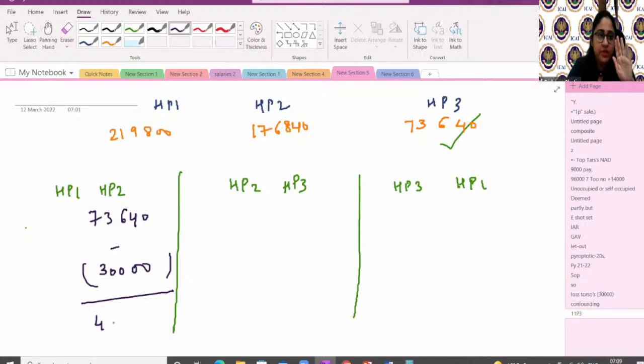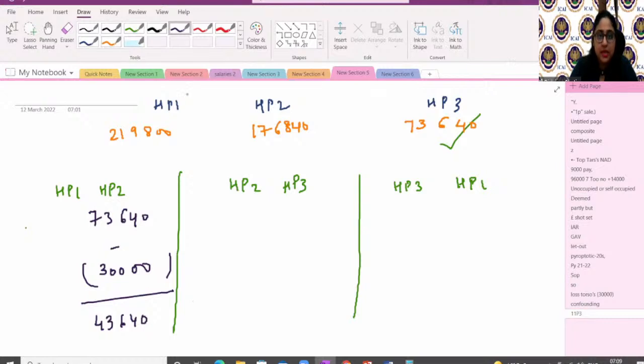Just the difference between a let out property and a deemed let out property is that when you're talking about deemed let out property, we do not have actual rent to calculate gross annual value. Our expected rent is our gross annual value. But when we talk about actual let out property, we have the comparison to make. That's it. There is no other difference. So in the first scenario, my net income is coming as 43,640.